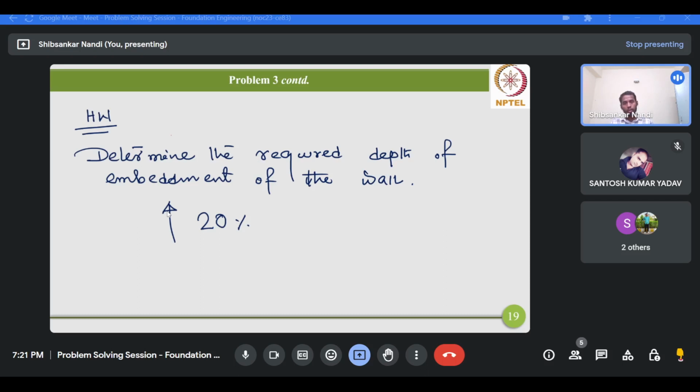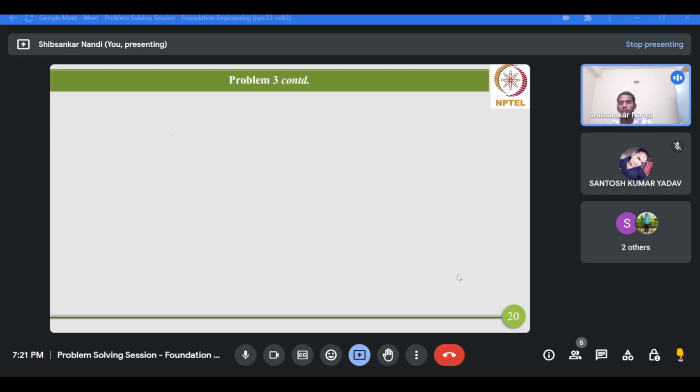We are taking some safety margin. Suppose you get 2 meter from the calculation, we will provide 2 multiplied by 1.2, so 2.4 meter. That's why this is the homework: calculate the required depth of embedment for the wall, and then provide a value 20% greater than the required value. Okay, so this is one homework.